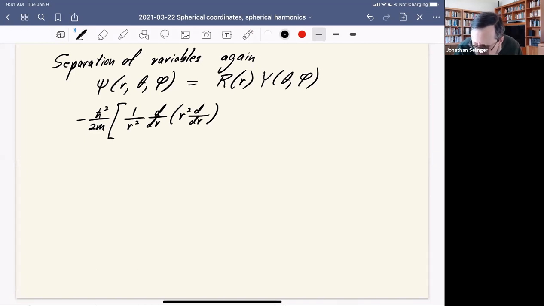The function now is capital R times Y. The Y is a constant as far as all of this r derivative stuff goes, so I can factor it out. Let's put the Y way out in the front, and we just have a derivative of capital R.